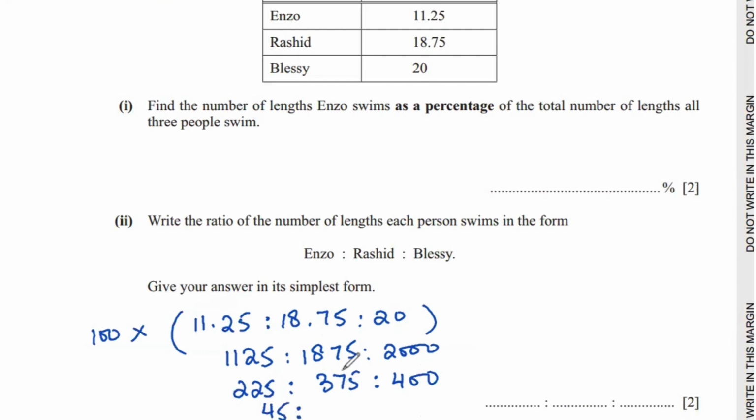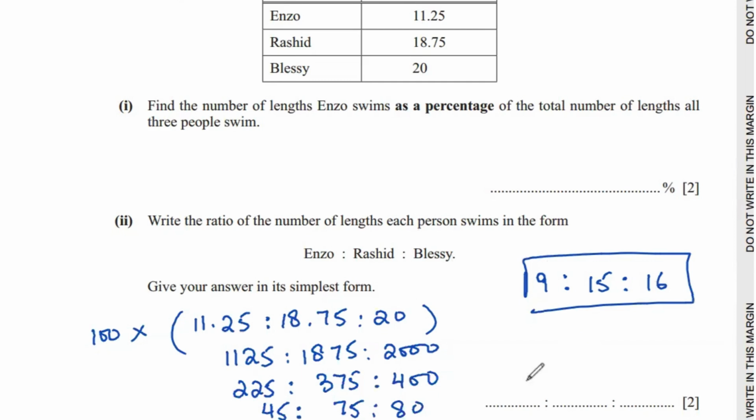Then 375 divided by 5 is 75. And this one is 80. So now lastly, divide by 5, it's going to be 9 and 15 and 16. We can't further break these down because 9, 15, and 16 don't come in the same times table.